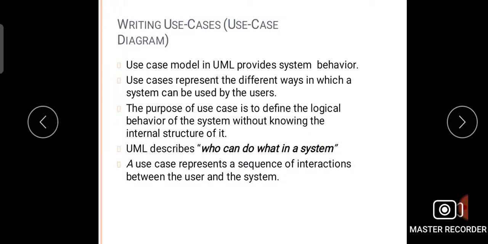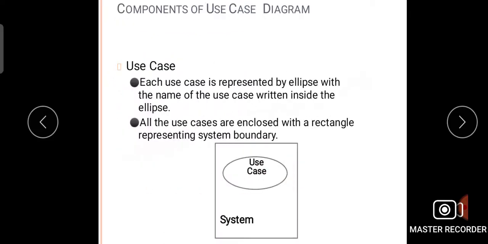A use case represents a sequence of interactions between user and system. The symbols normally used for a use case are an ellipse, and a rectangle for the boundary. Each use case is represented by an ellipse with the name of the use case written inside it, and all the use cases are enclosed within a rectangle, which represents the system boundary.